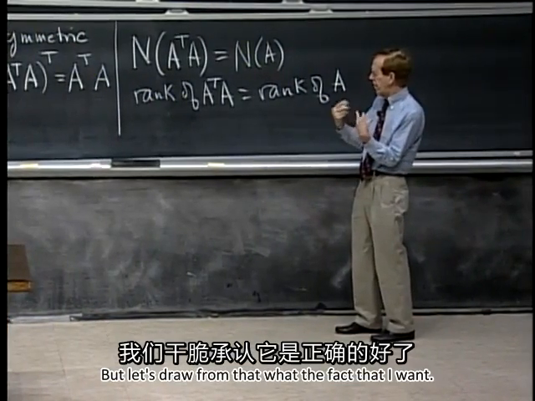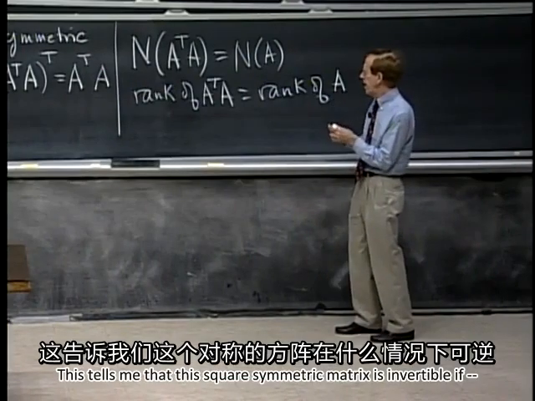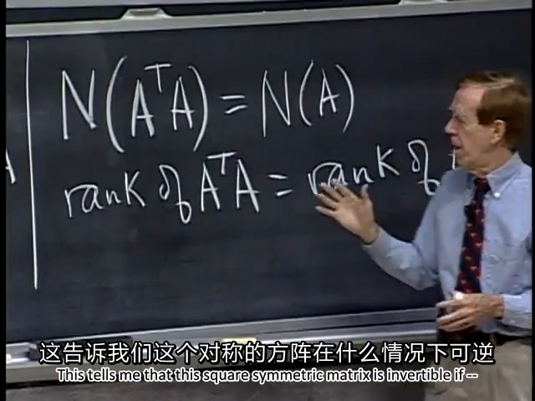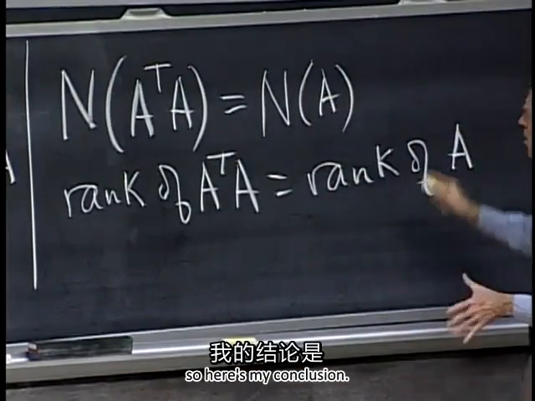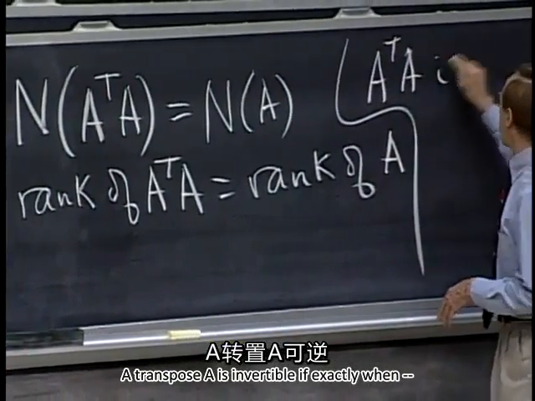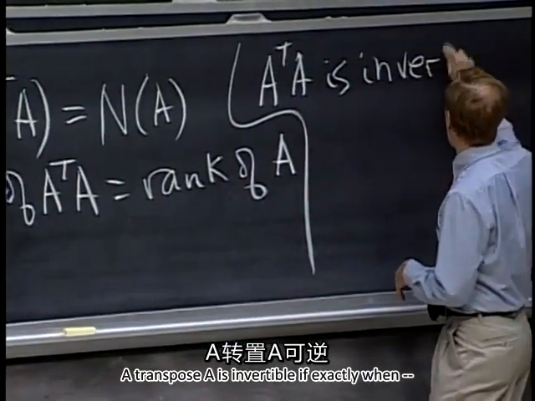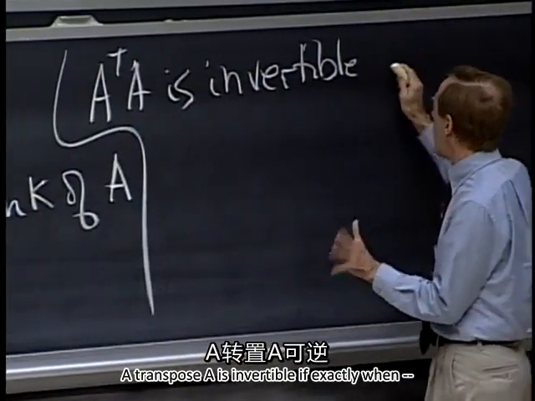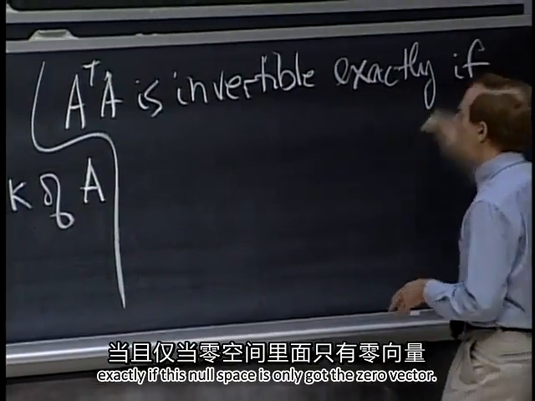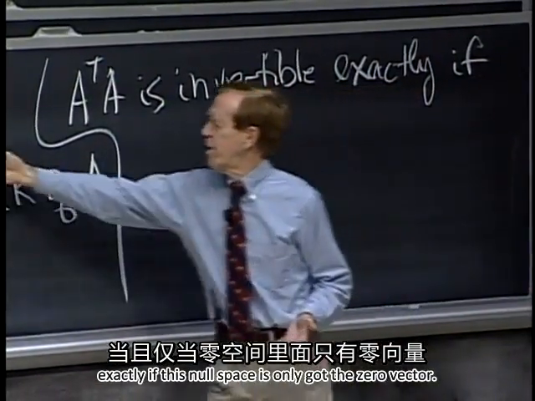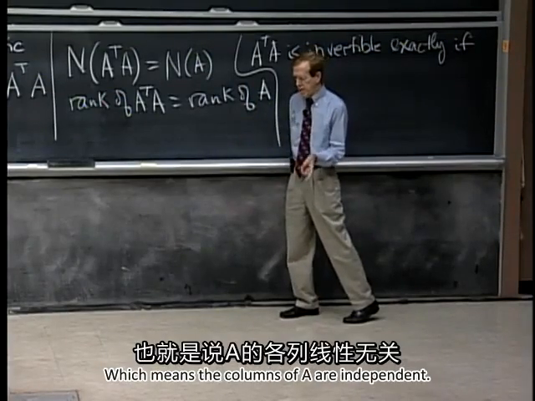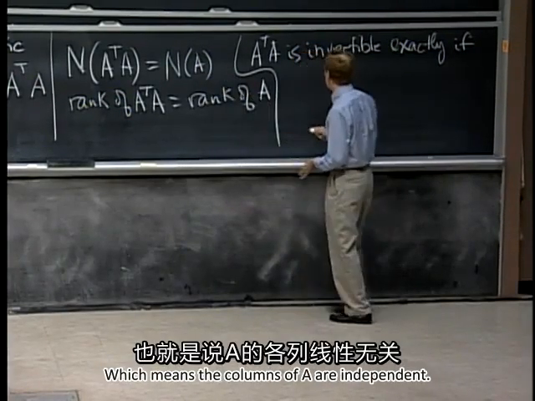But let's draw from that the fact that I want. This tells me that this square symmetric matrix is invertible if, so here's my conclusion. A transpose A is invertible if, exactly if, this null space only has the 0 vector, which means the columns of A are independent.